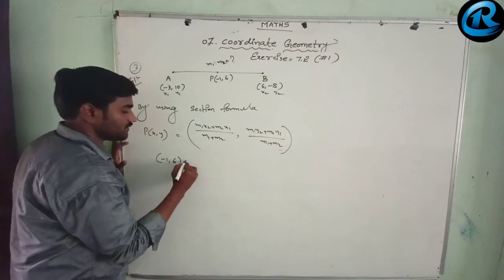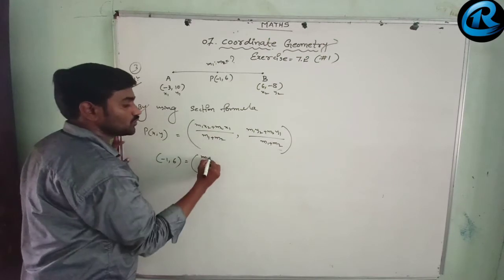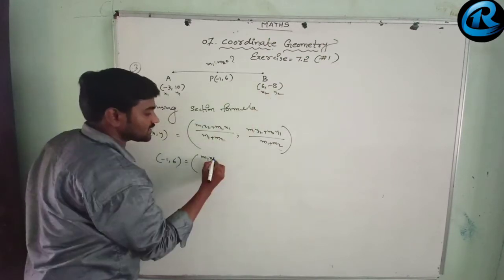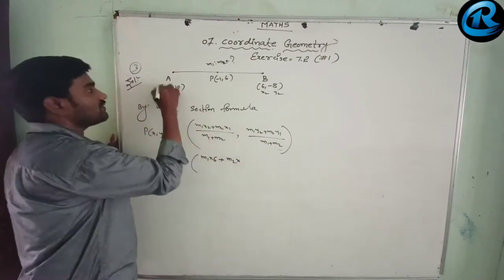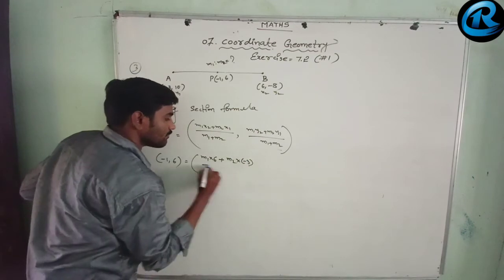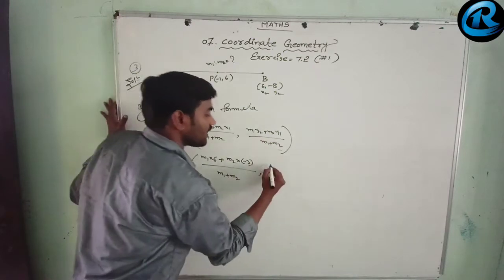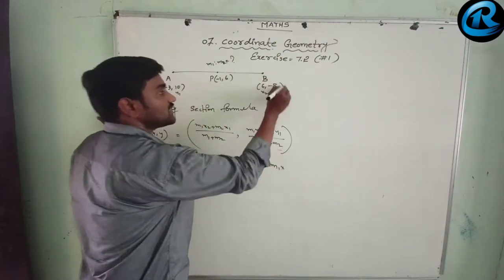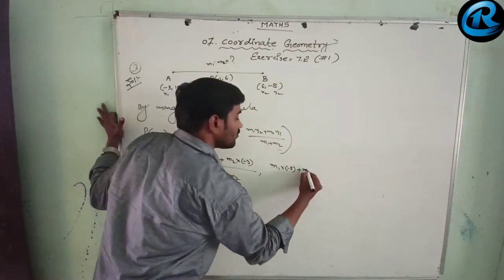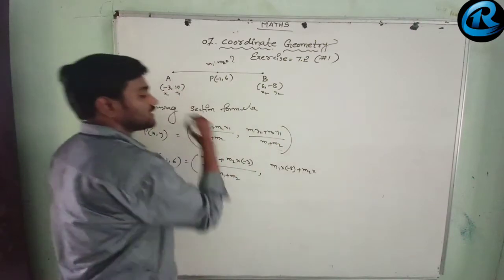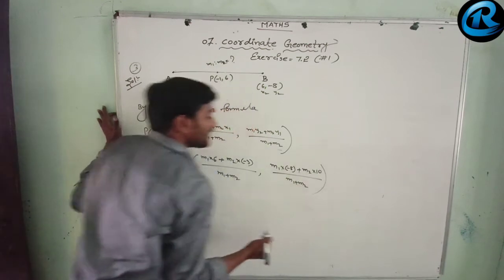This is equal to m1, we don't know the value, write m1 only, into x2, x2 value here is 6, plus m2, we don't know, write as it is, into x1 value minus 3 by m1 plus m2 as it is, comma m1 again the same into y2, it is minus 8, plus m2, we don't know the m2, into y1, it is 10, by again m1 plus m2, we don't know, write as it is.